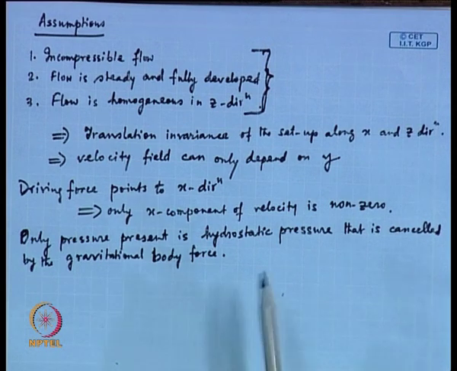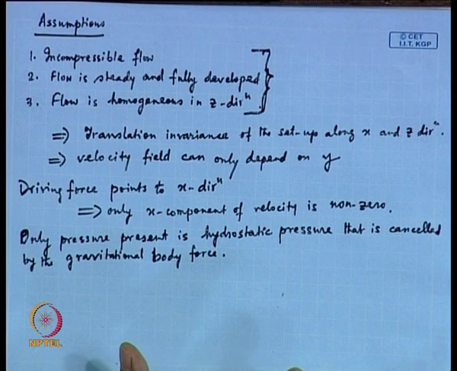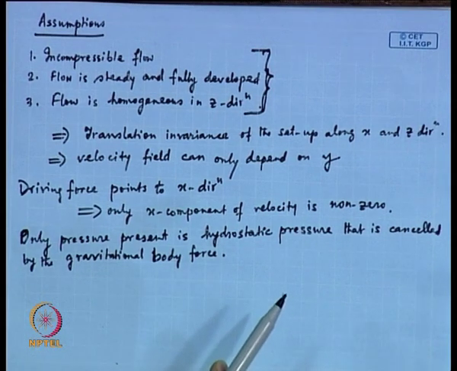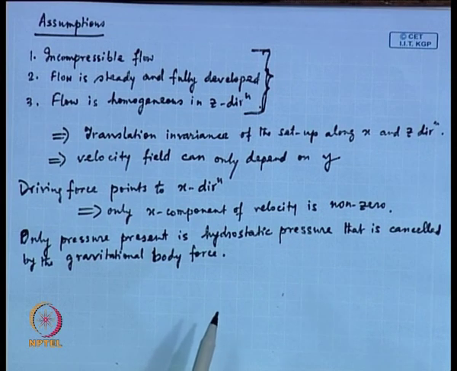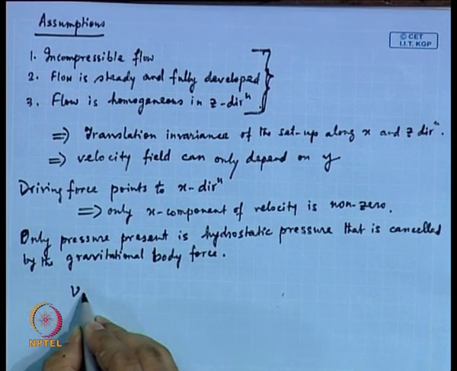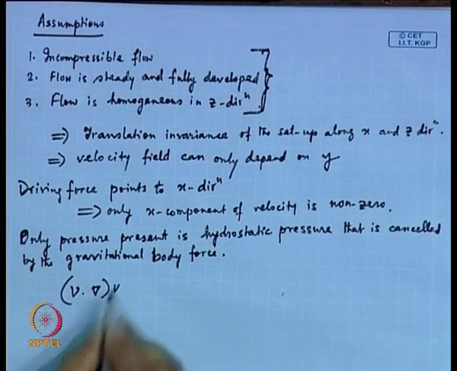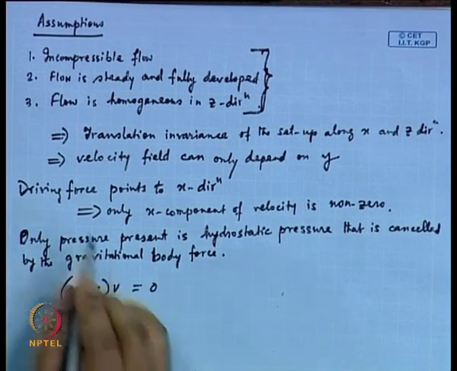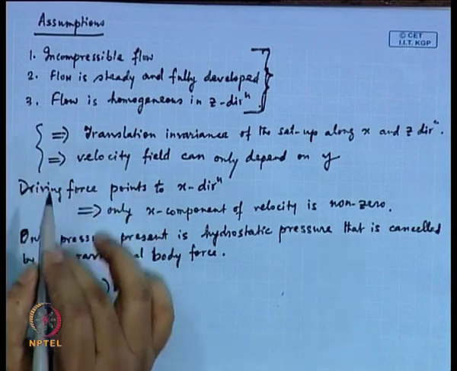So, you remember in the Navier-Stokes equation what all you have. You have the v dot delta v term that is equal to 0 because of this reason.